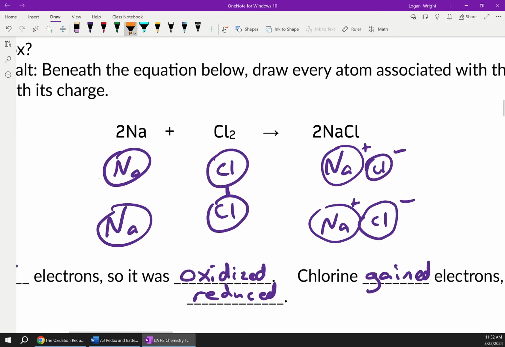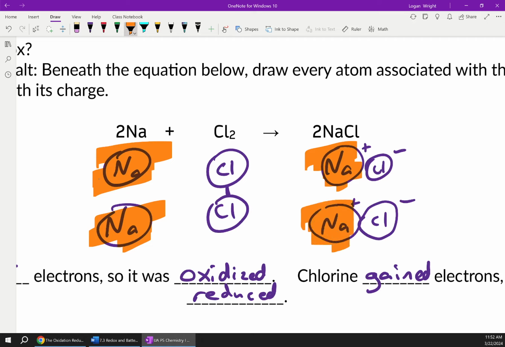I happen to have 2 sodiums, but when I'm asking what's happening to sodium in this reaction, this sodium becomes positively charged, so it lost an electron, oxidation, so it oxidized. This sodium also oxidized. Because most of the time everything does the same thing, we just will sort of say, hey, the sodiums oxidize. And we don't need to know that it happens to be 2 of them doing it.